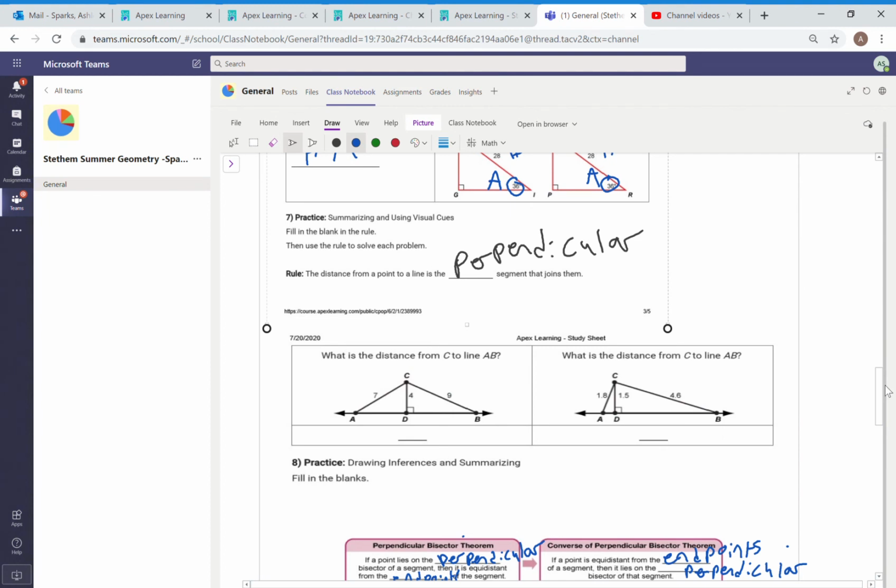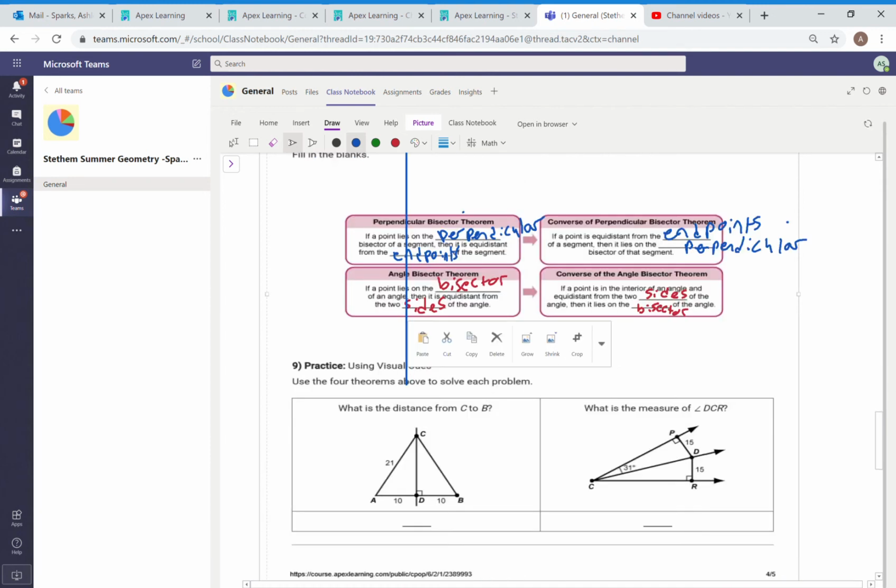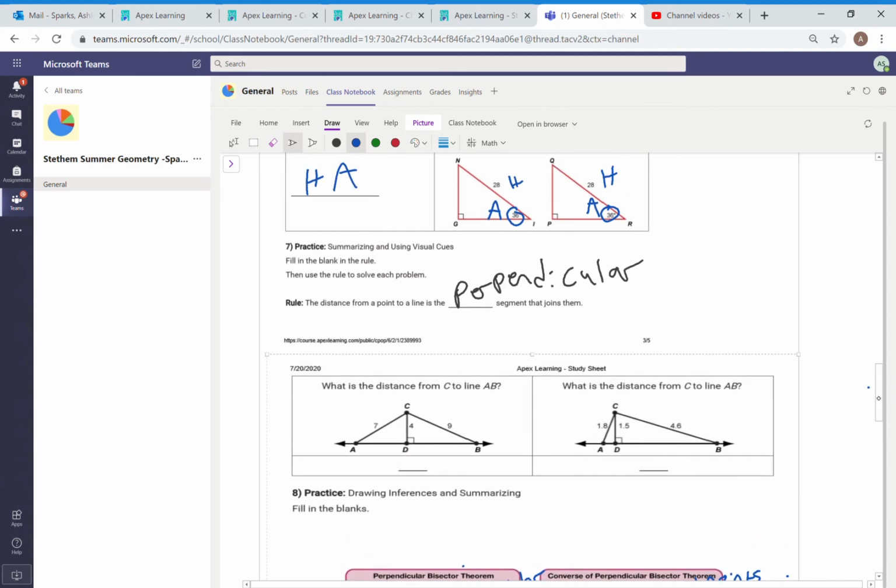Okay, so the distance from a point, like you can see here, this point C, to a line, so you see this line down here, AB. The distance from the point to the line is perpendicular to the segment it joins.